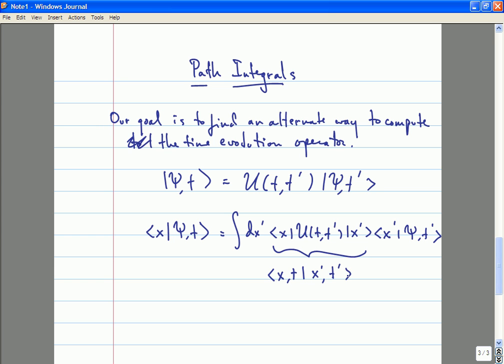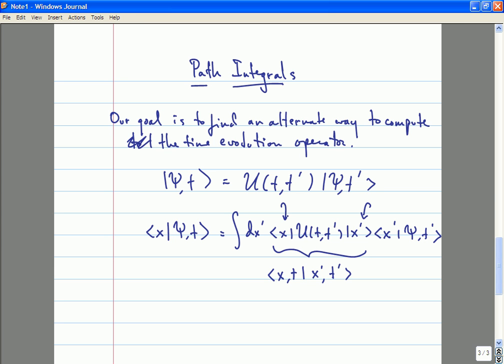And if you think about it, the matrix elements of this time evolution operator have a very simple interpretation. The state x prime appearing here is simply the state where the particle is localized at a particular point in position space, and likewise for the state x.